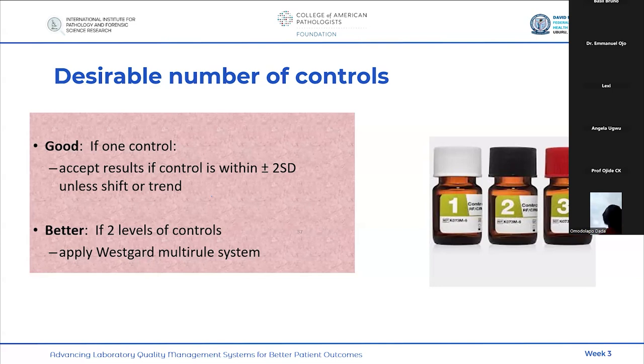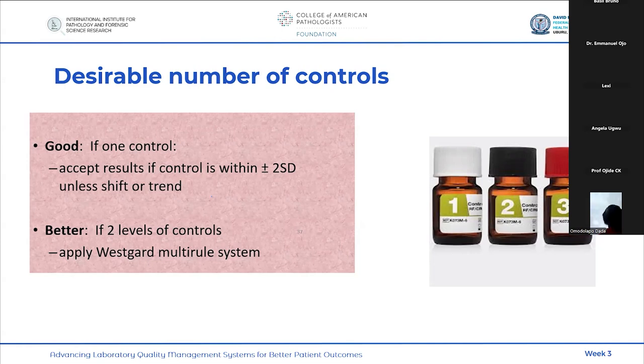But it's better if you have more than one level, 2 levels of control. We have talked about the need to have the one that is covering normal range, and then at other high or low part of that assay, all of this covering critical medical decision points.